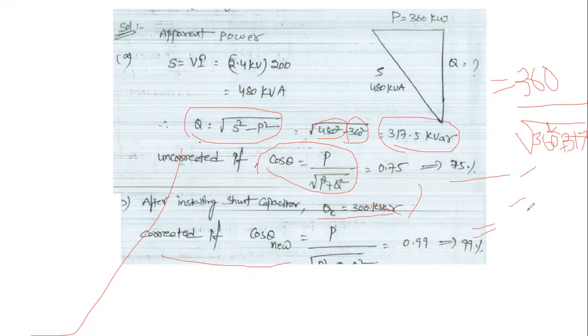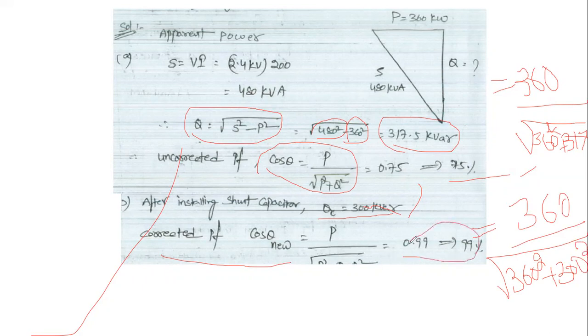Then we calculate 360 by the square root of 360 square plus Q, which is 300 kVAr, whole square. Then we obtain the new cos theta after installing the shunt capacitor.